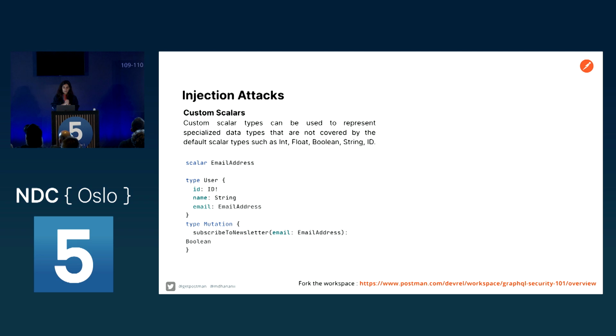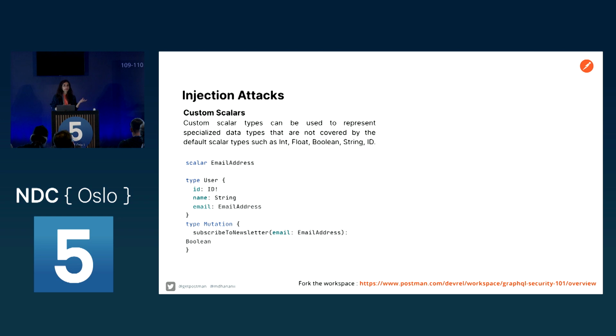Yes, I don't think we have covered what custom scalars are. A custom scalar type provides a convenient way to represent specialized data. There are built-in types in GraphQL, like integers, floats, and booleans, but they don't cover other custom formats like an email address or a date time.